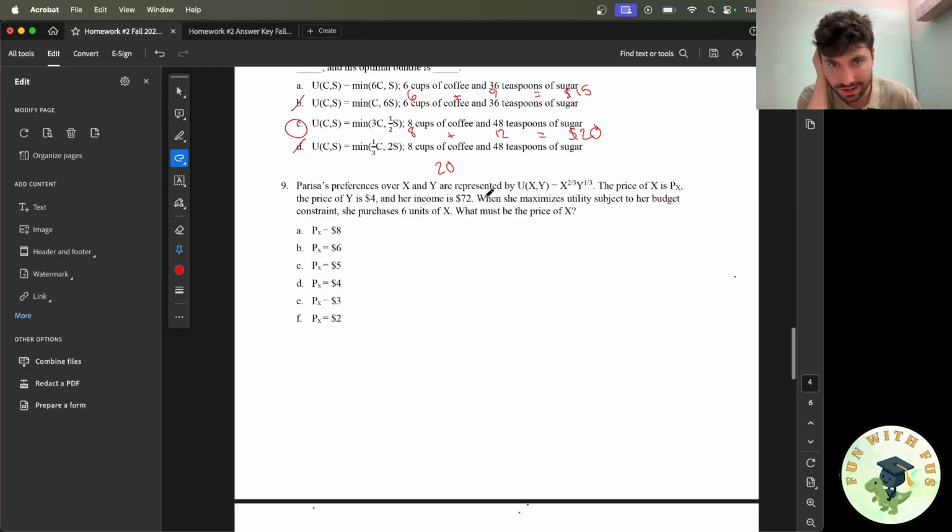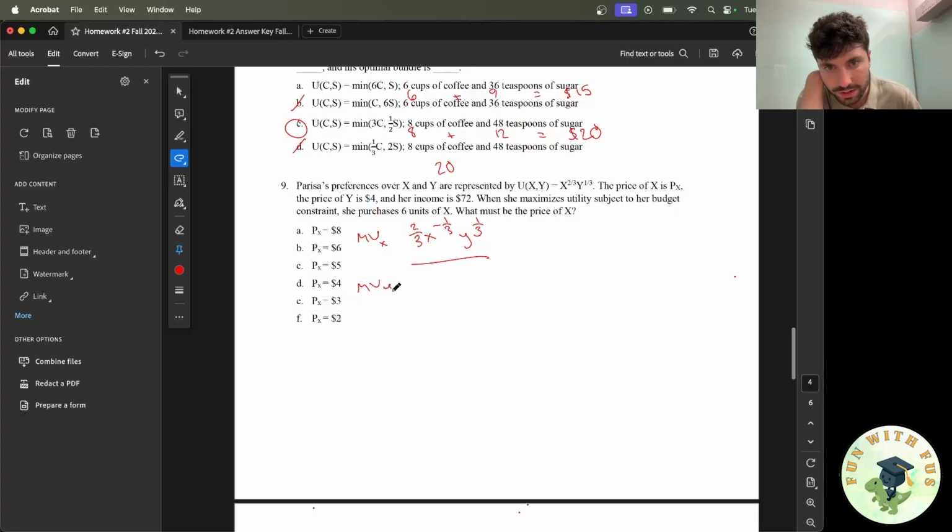And once again, I think we're just going to default to MRS equals MRT. And this MRS might be a little bit ugly. So my marginal utility of X is going to be 2/3 X to the negative 1/3 Y to the 1/3. Oh, it's not going to be too ugly.